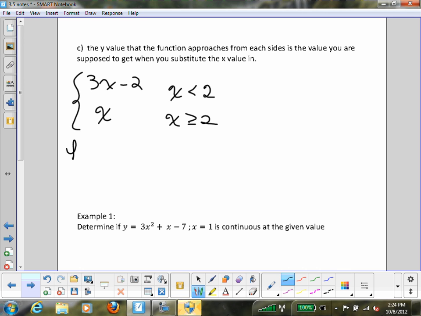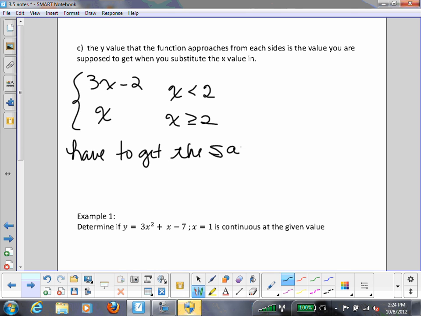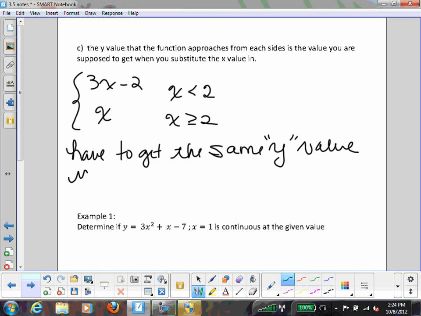So you have to get the same y value in each piece. This is a piecewise function, right?